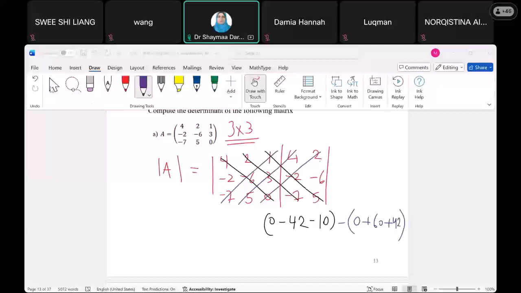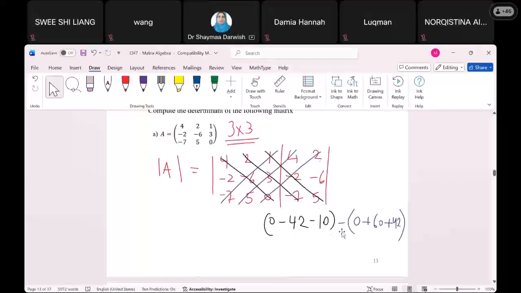So first I multiply the first three diagonals. I repeated the first two columns. Then I have three diagonals in this direction and three diagonals in the opposite direction. 4 times minus 6 is minus 24, times 0 is 0. 2 times 3 is 6, times minus 7 is minus 42. 1 times minus 2 is minus 2, times 5 is minus 10.